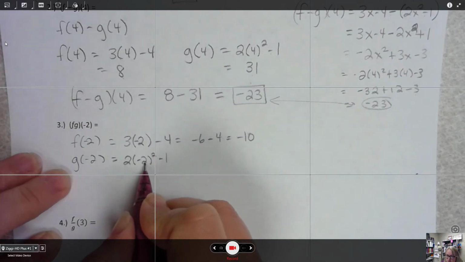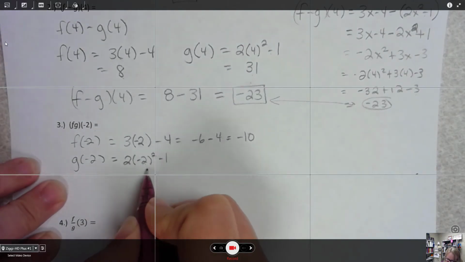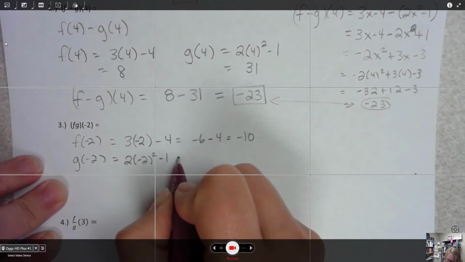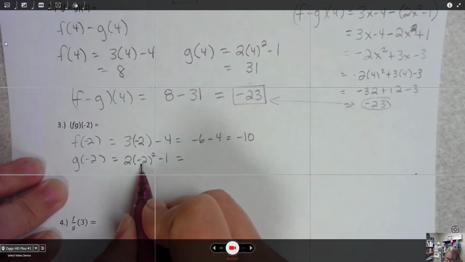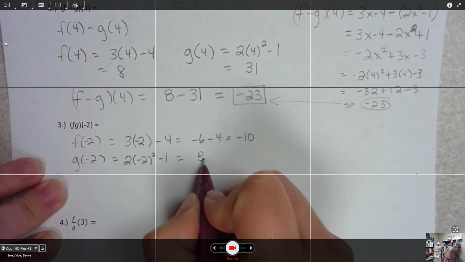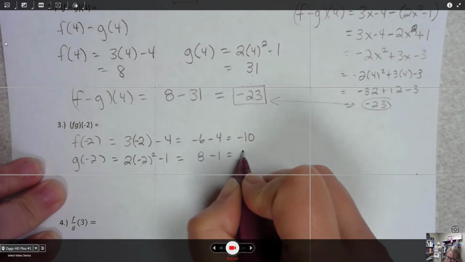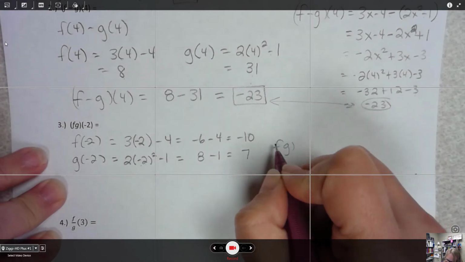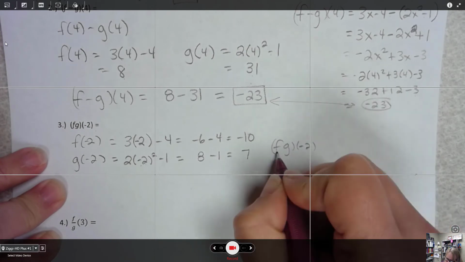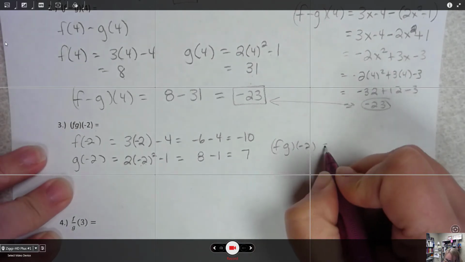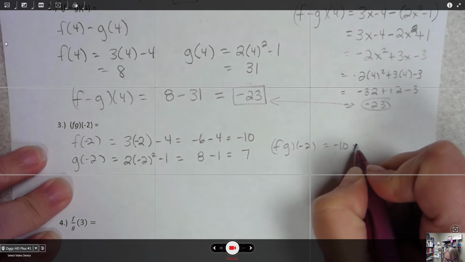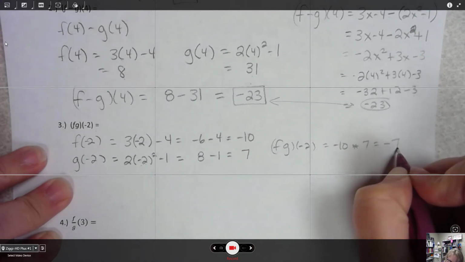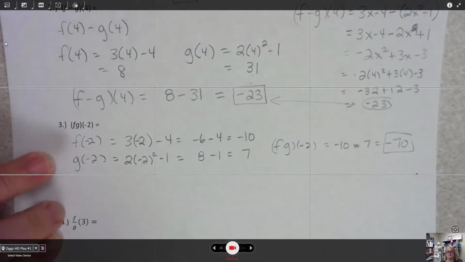Make sure if you put this in your calculator, you put that negative in parentheses before you square it. So negative 2 squared is 4, times 2 is 8, minus 1 is 7. Then to find fg, that's f times g of negative 2, negative 10 times 7 is negative 70.